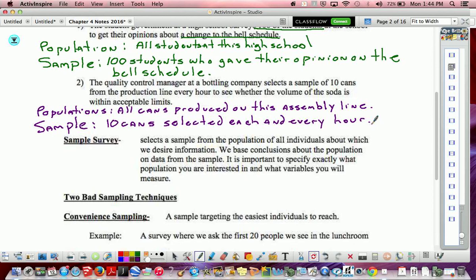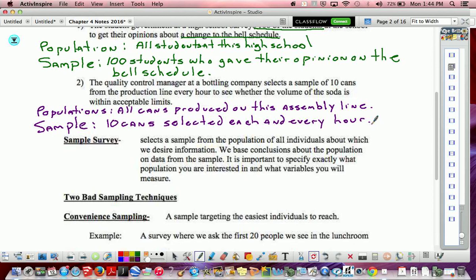This is typically done on the assembly line. Whatever products they're making, they will take samples at a periodic time interval and measure something about the product. Like in this case, they're measuring the volume of the soda can. I'm sure they're trying to do that by a weight of some kind to figure that out. I don't think they're going to open up the can, pour it out to measure the volume, and then try to pour it back in and seal it up. Right? That kind of defeats the purpose of it.